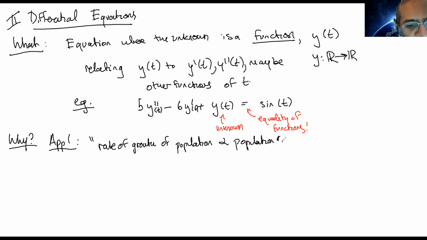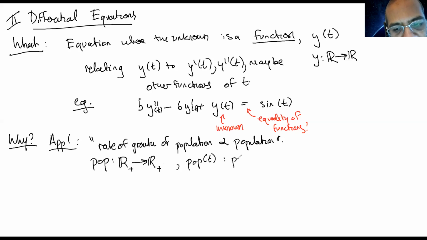How do you model that mathematically? Well, let's define a function pop from reals to reals, maybe positive to reals. So pop of t is the population at time t.